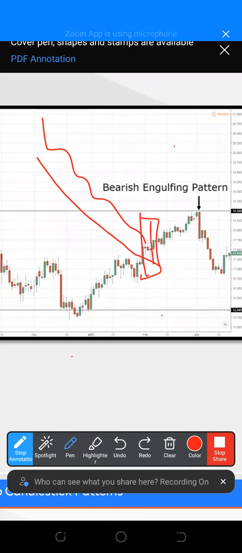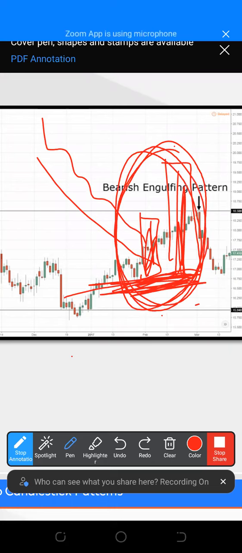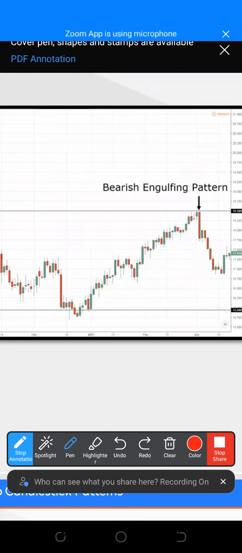You have a red, then you have a green candle at a particular strongest support. When you have this, you must have gotten confirmation before you know that this bullish engulfing pattern is telling you that it is a good spot for you to enter, to buy. That is what it is telling on bullish engulfing. It is at the bottom.